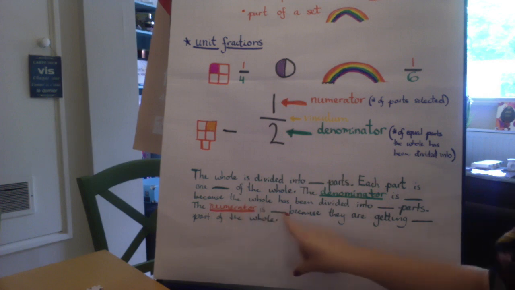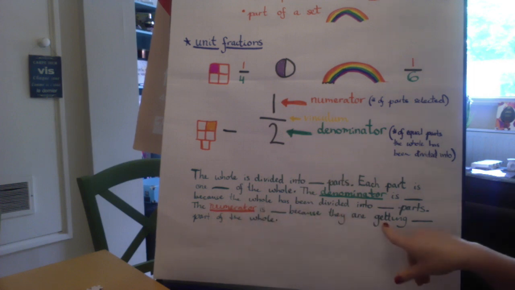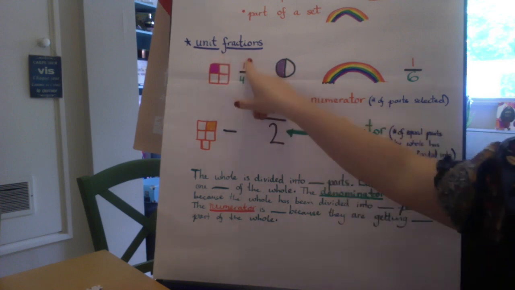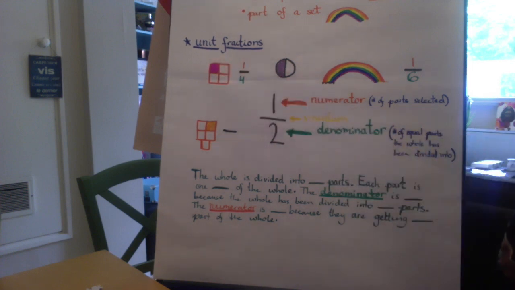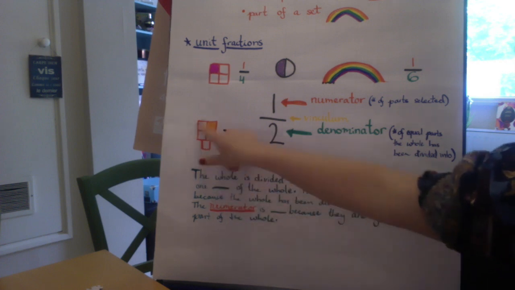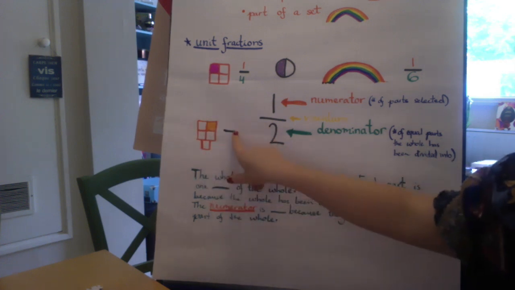The numerator is 1 because they are getting, the person or whoever, they're only getting one part of the whole. You could also say the numerator is going to be 1 because today we're just doing our unit fractions.